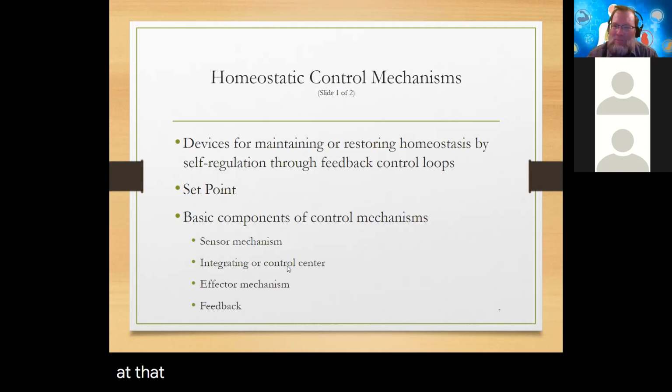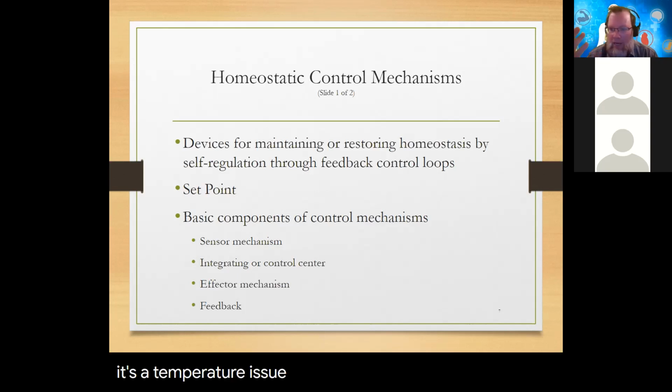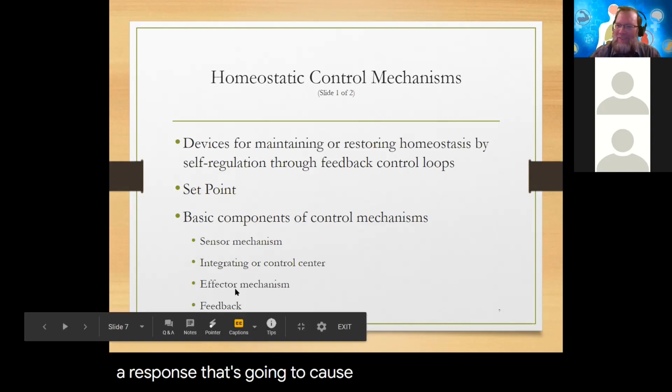At that point, depending on what the stimulus is, typically if it's a temperature issue, a pain issue, a pressure issue, an inflammation issue, the brain wants to send a response that's going to cause an effect. That's where you get the E for effect.